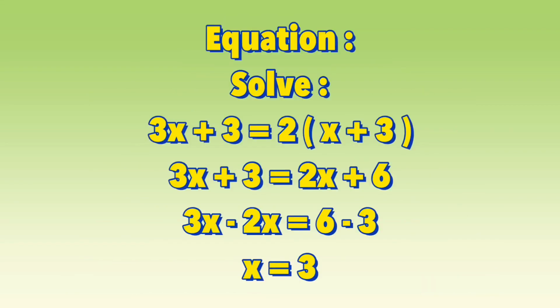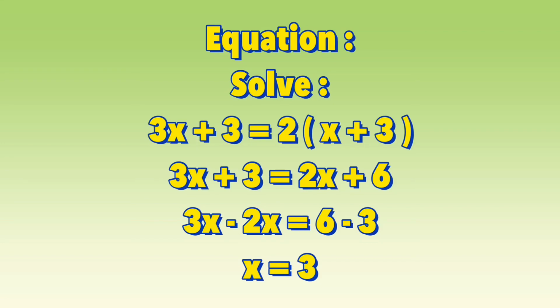Based on the other relationship already stated, we can have now the real equation. Larry is 2 times the sum of x plus 3, and our real equation now is 3x plus 3 equals 2 times the sum of x plus 3.